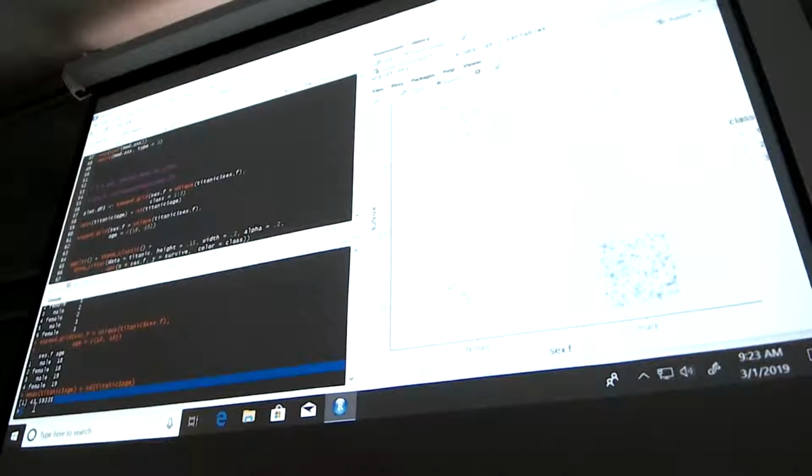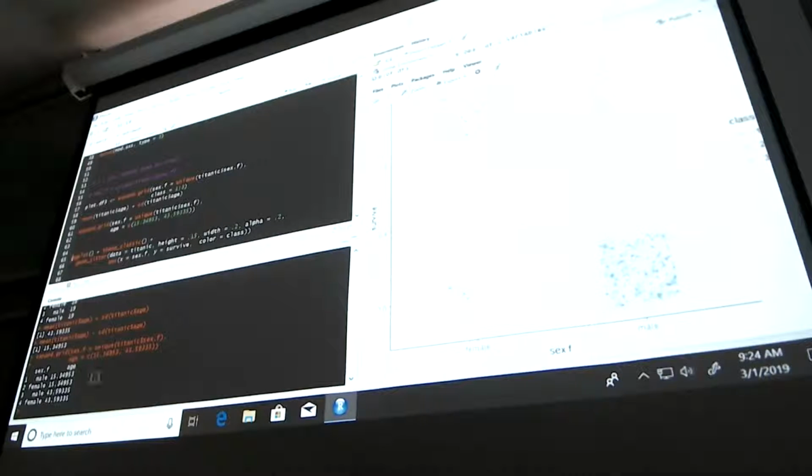So the plus 1 standard deviation is 43 point whatever. And if you change that to minus, it's 15.34, which is minus 1 standard deviation. So you could do this if you're trying to model plus and minus 1 standard deviation.